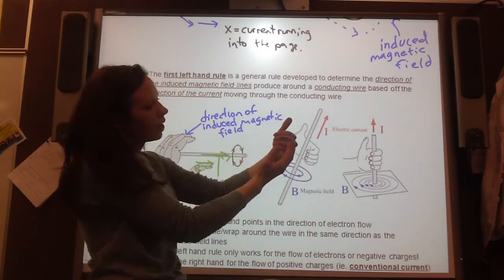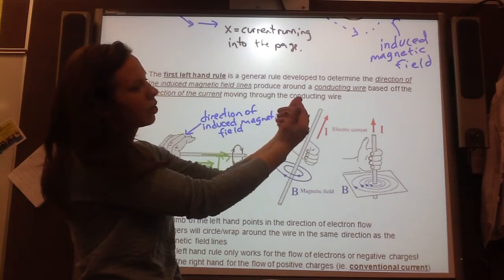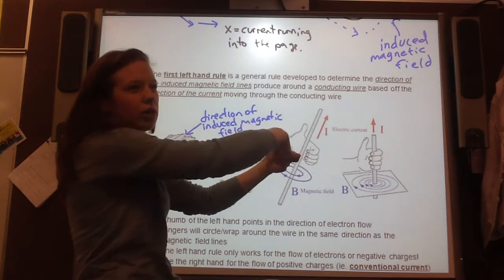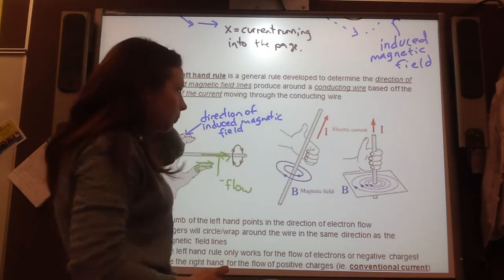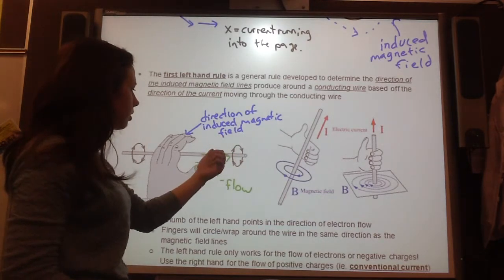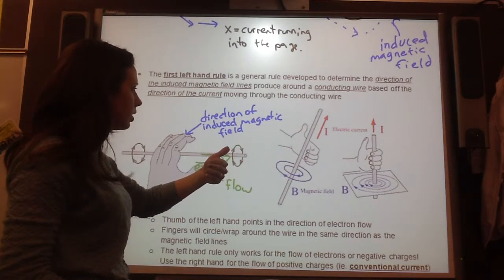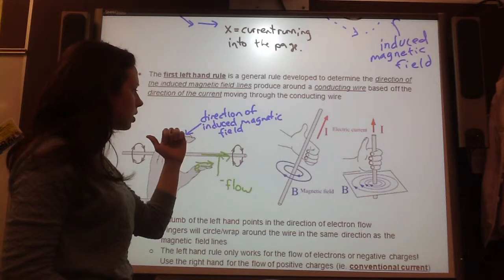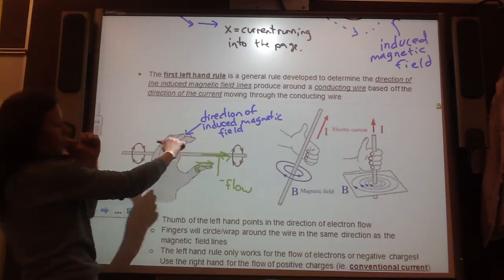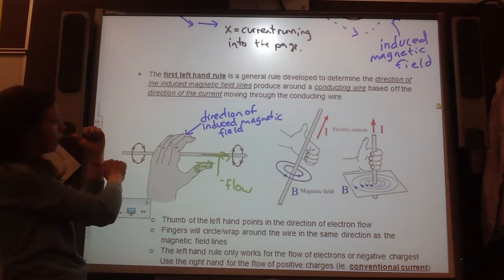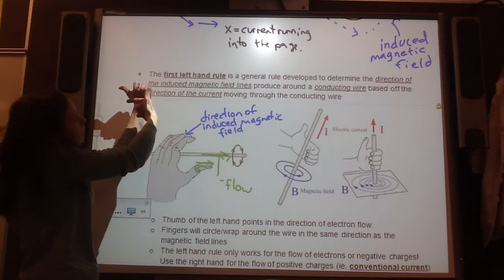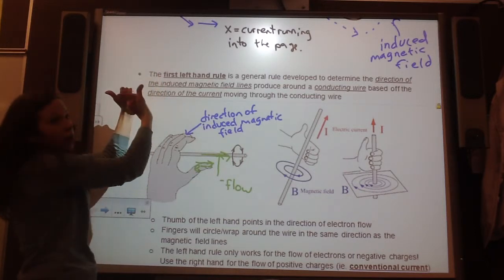The way I try to think about it is that my fingers go around my thumb. That's how I visualize it. The other way, say in this one, it said the electrons were going the other way. Then you would have your thumb going this way, and now my magnetic field is going in the opposite direction.